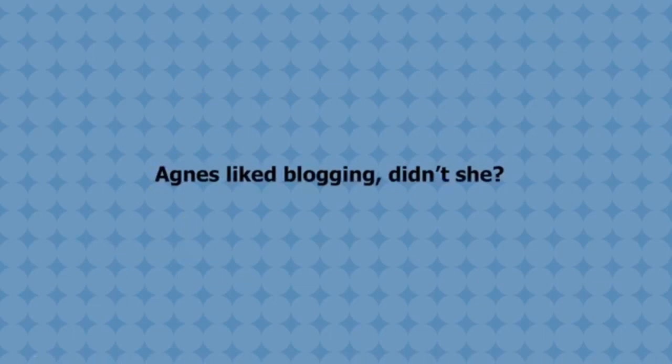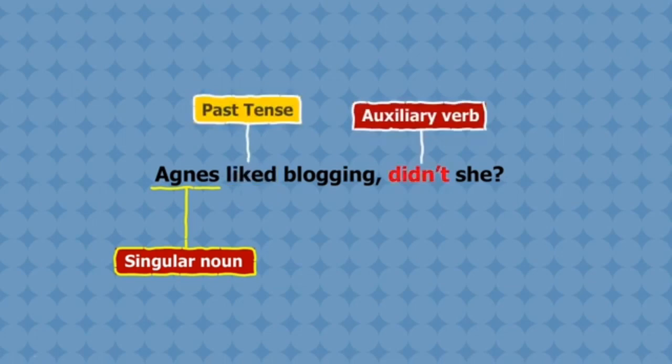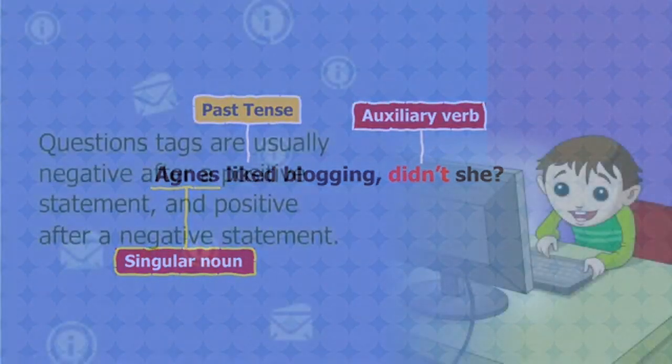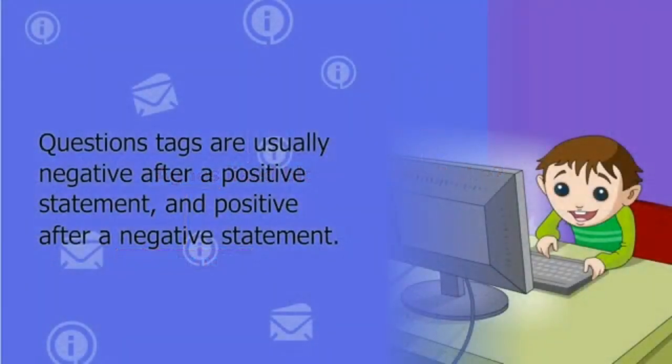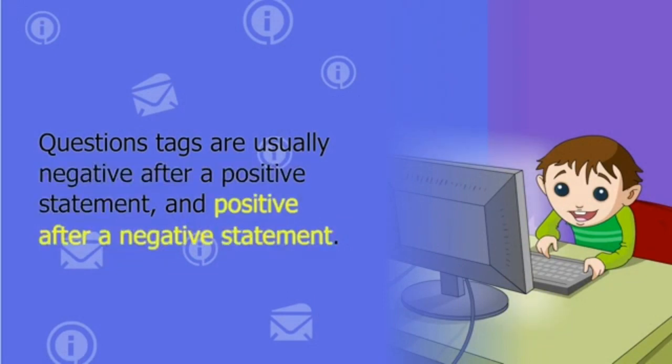Okay? In the sentence, Agnes liked blogging, didn't she? The singular noun Agnes is followed by the verb in the past tense liked and the auxiliary verb in the past tense didn't. Okay? So question tags are usually negative after a positive statement and positive after a negative statement.